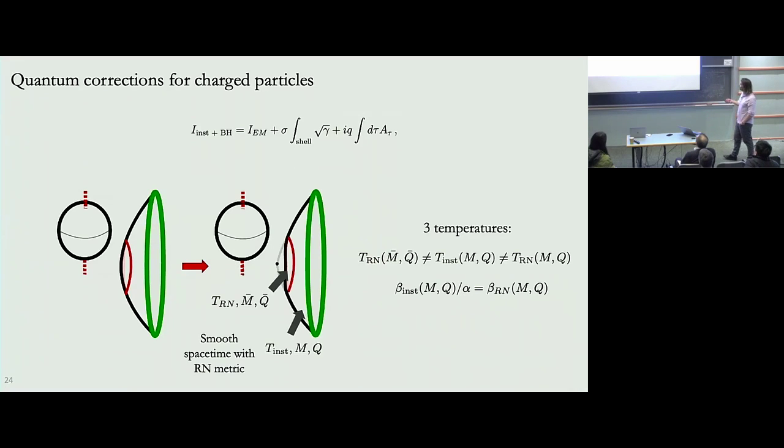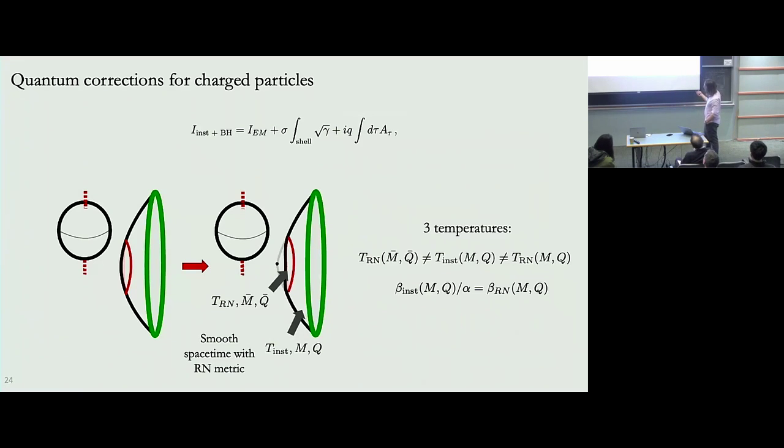And we try to take our initial geometry and now find a new geometry. And the new geometry has the following features. Each part of the space-time is described by a smooth Reissner-Nordström metric that has to be glued across the path of the instanton.